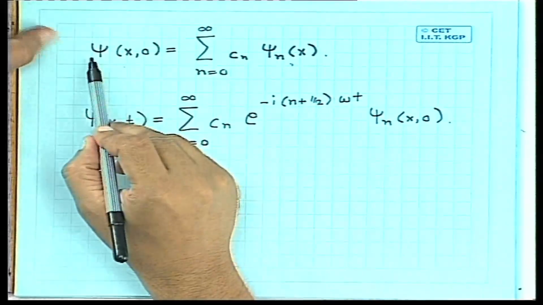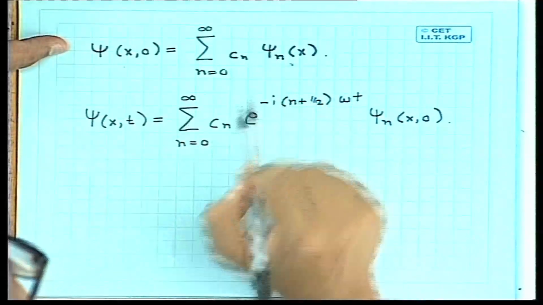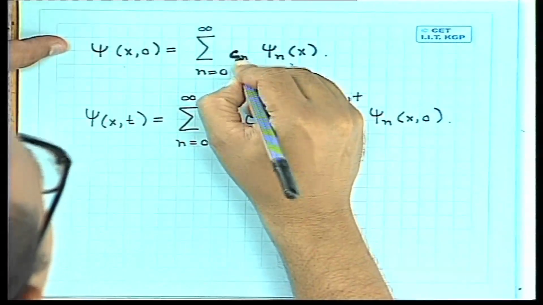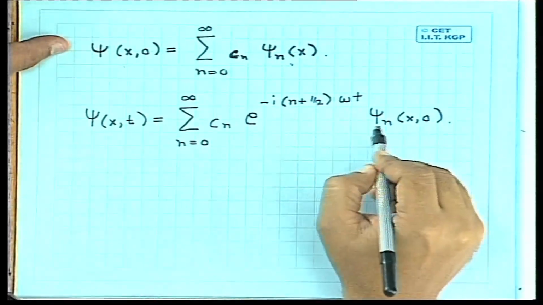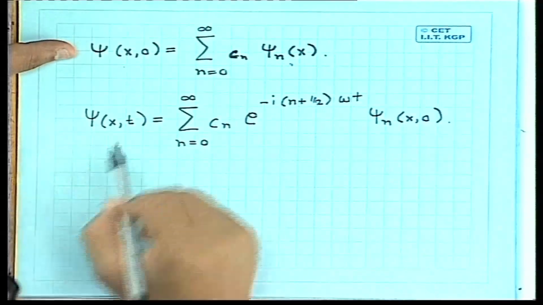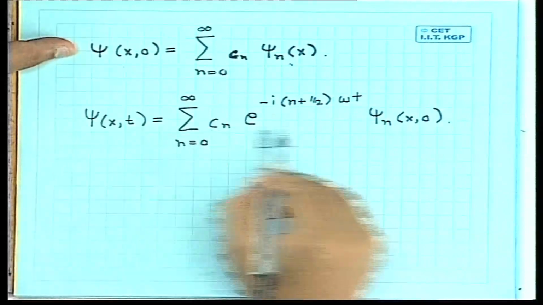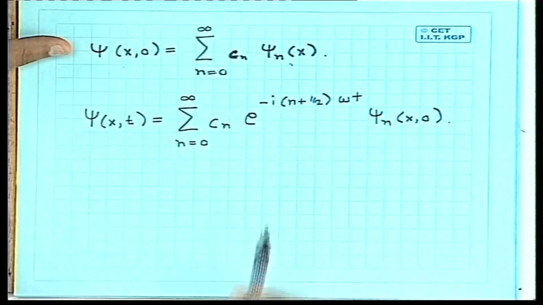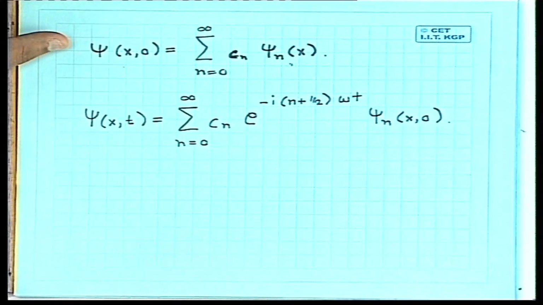So if I can express the wave function at the initial instant in terms of these eigenfunctions with these coefficients C_n, the time evolution is very simple to find out, because we know how each of these evolves. It evolves in this fashion, and the time evolution of the total wave function can be found by just adding up these wave functions at some later time with the same coefficients.